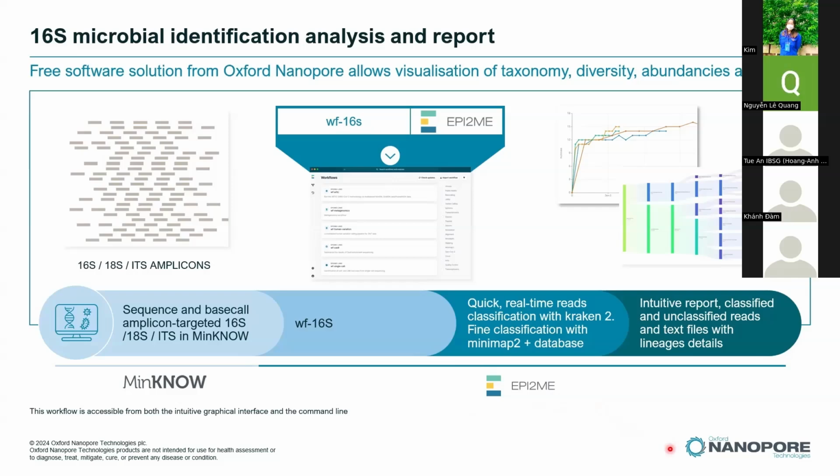And of course, if you want to analyze the data at the end, waiting for the whole sequencing to complete, you can as well. Our analysis workflow provides very intuitive reports with interactive graphics, so it's easier for you to visualize the data.